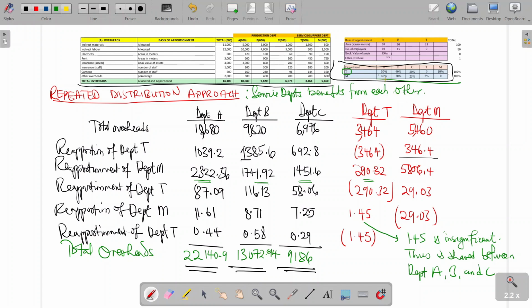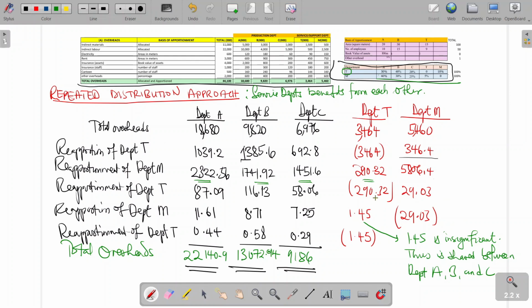That is, 40% times 5806.4 will give us 2322.56. 30% times 5806.4 will give us 1741.92, and so on.